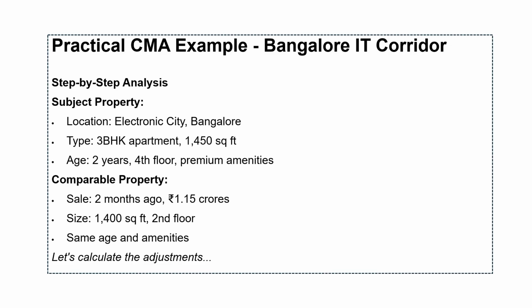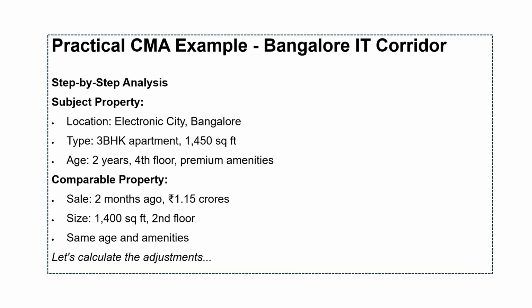The recent sale data of 2 months prior ensures currency, while the similar age and amenity profile minimize required adjustments. The 1.15 crore sale price provides a reliable starting point for our analysis. The key differences requiring adjustment include the 50 square foot size difference, the 2 floor elevation difference, and the minor time adjustment for market appreciation.